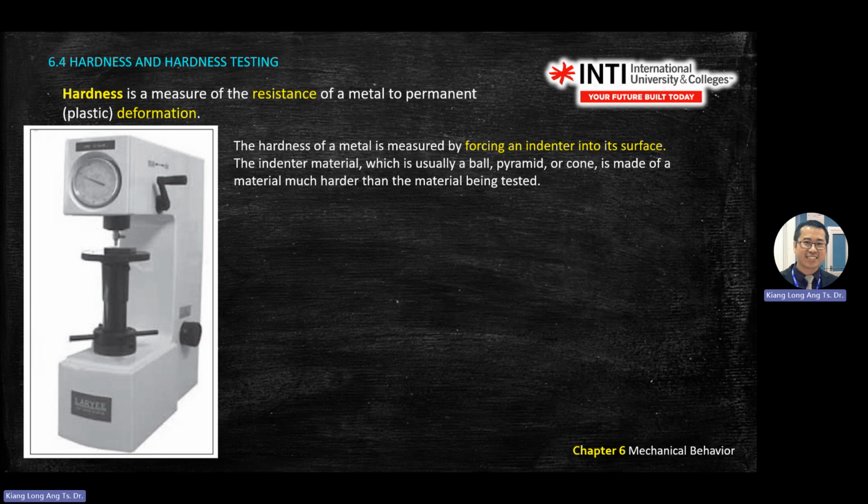When you press, it's like you make a hole by using a diamond. When the diamond cuts, it's like a pyramid shape. This one is like a pyramid shape, right? Like this.